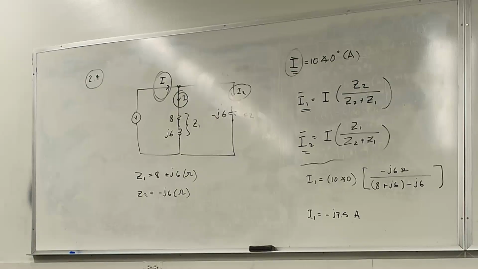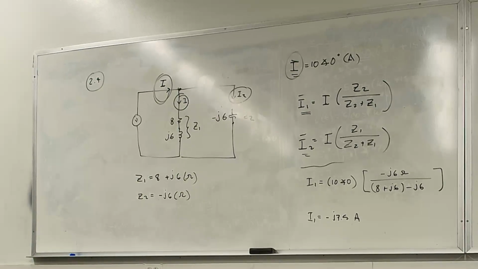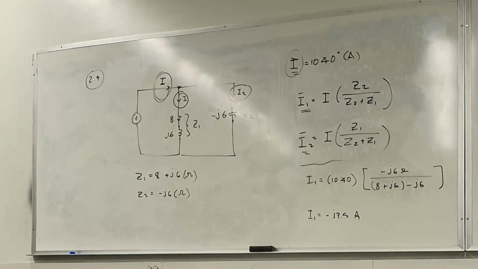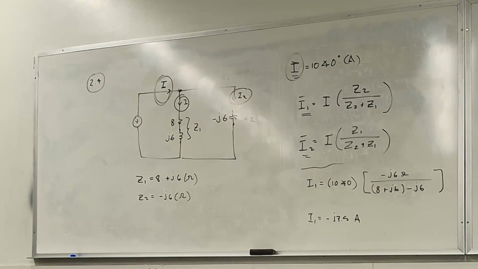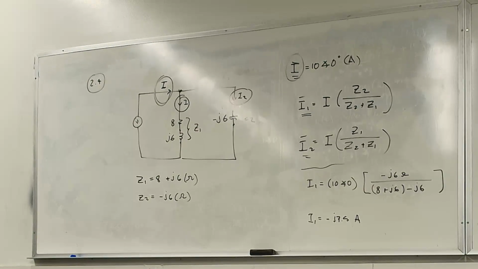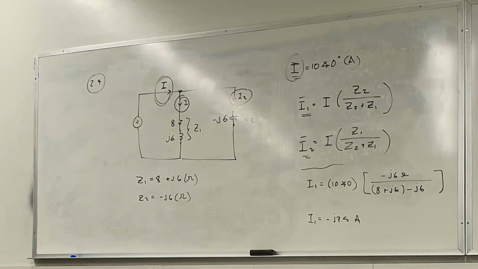Then I have another one, I1, 7.5 angle minus 90 degrees, in amps.